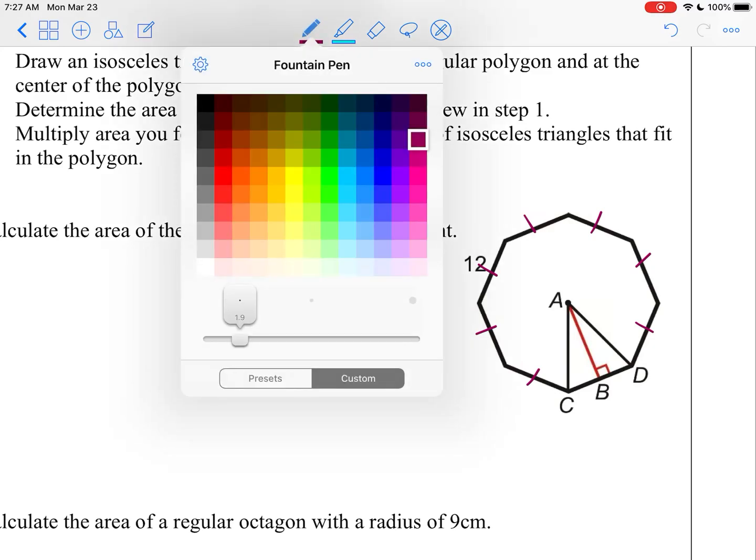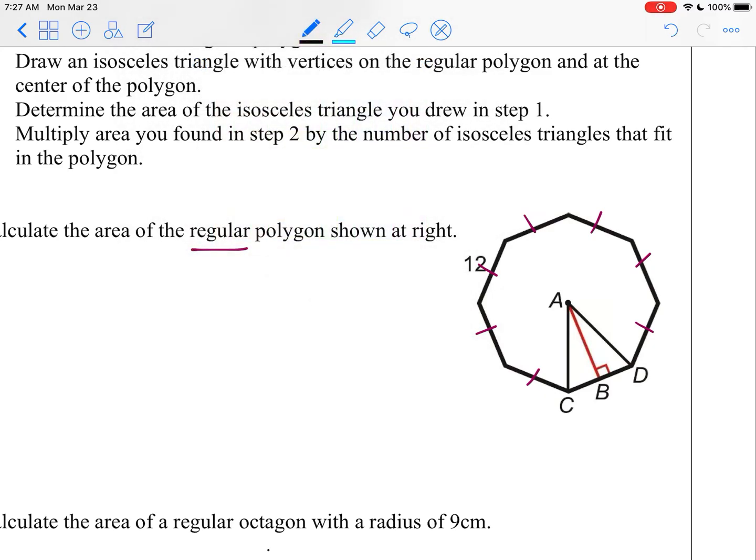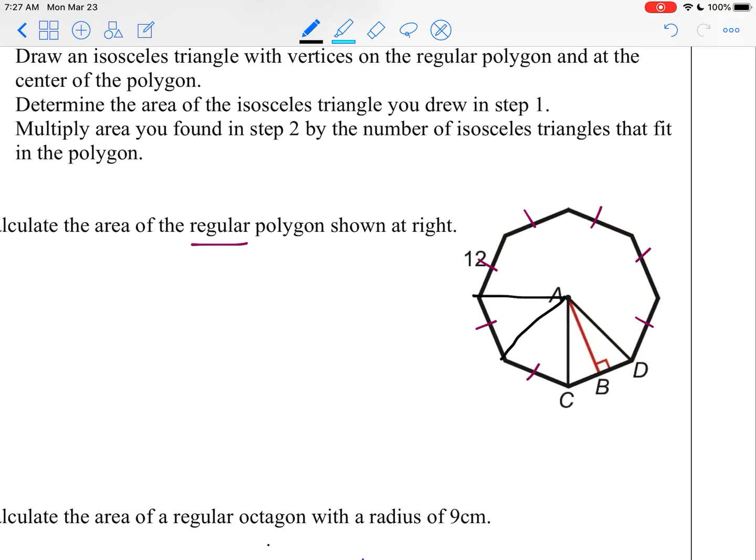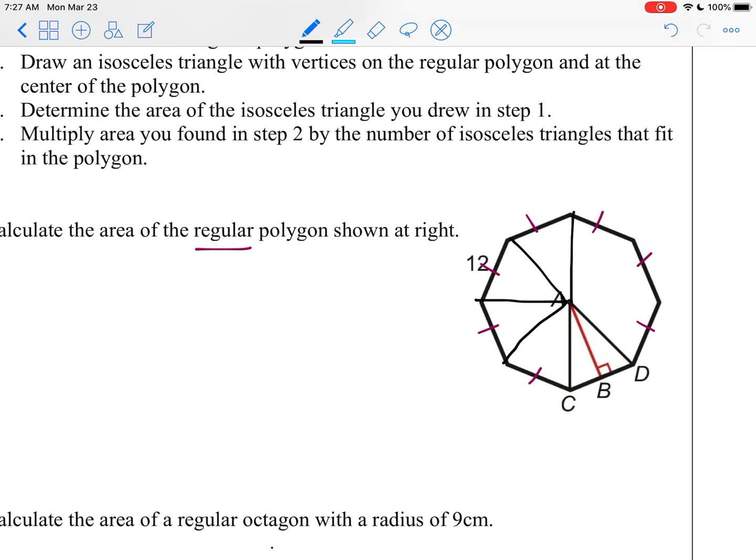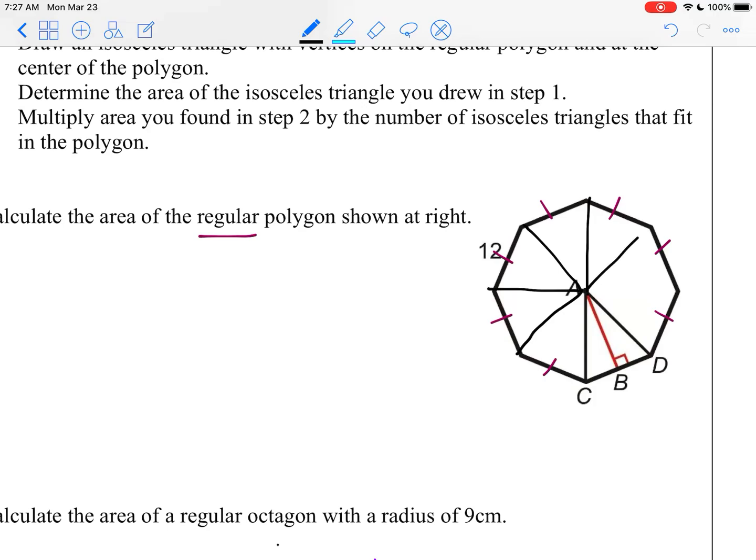And if I draw in the radii, now remember the radius is from the center to each of the vertices. And what it forms, and since all the radii are exactly the same, it forms congruent triangles.